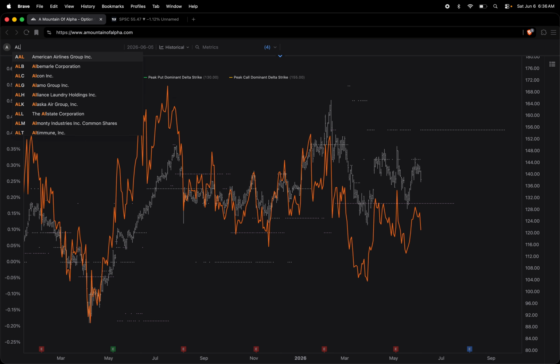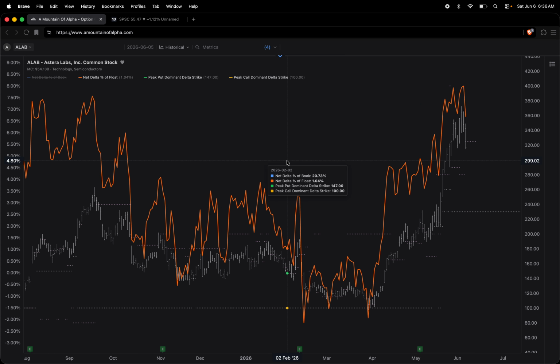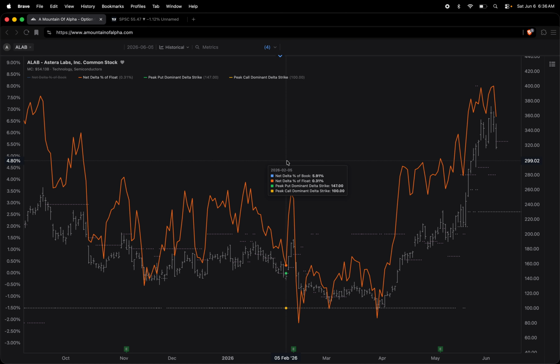And so here's what I wanted to show you: typically what I find is that high convexity trades coincide. Now this is just a theory, I'd have to backtest. They coincide with elevated VIX above the call spread pin, and net delta percentage of float is negative, but not incredibly negative. And then you get a flip and volatility compresses, and that's your trade.